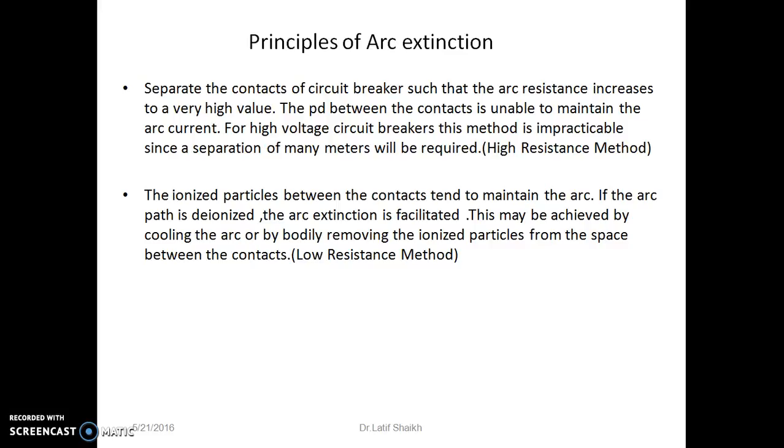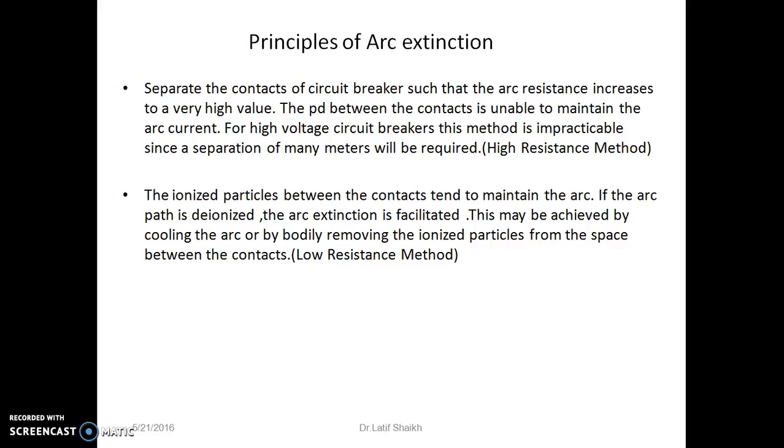Whenever you separate the contacts of the circuit breaker, at that time, if by some means we increase the resistance of the arc, the potential difference between the contacts is unable to maintain the arc current, and we can break the arc.